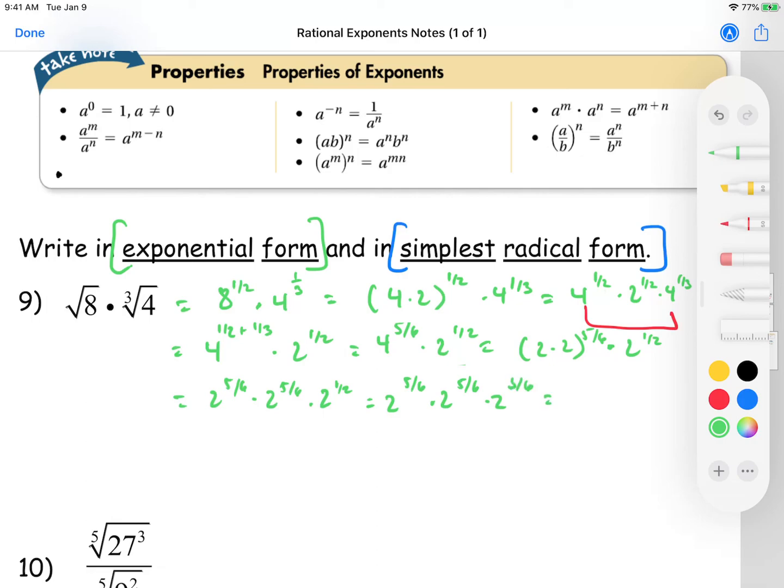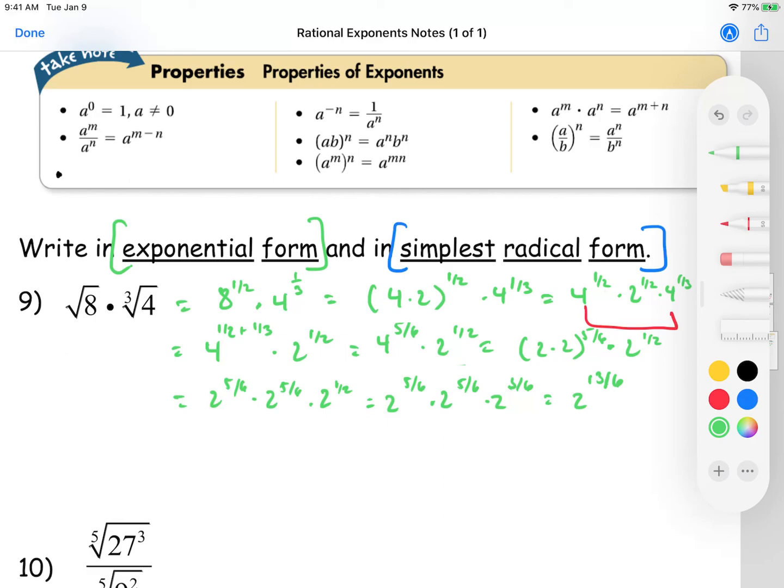Which is now going to be 5, 5, and 3, which is going to be 2 to the 13/6, right? I know you guys are probably going, "Oh my goodness," right now. Well, I'm just showing you all the steps that sometimes go into simplifying some of these.